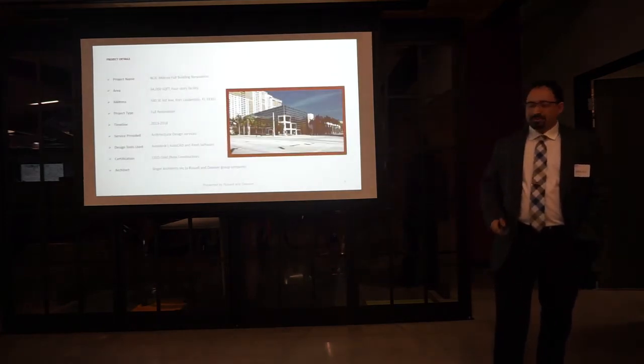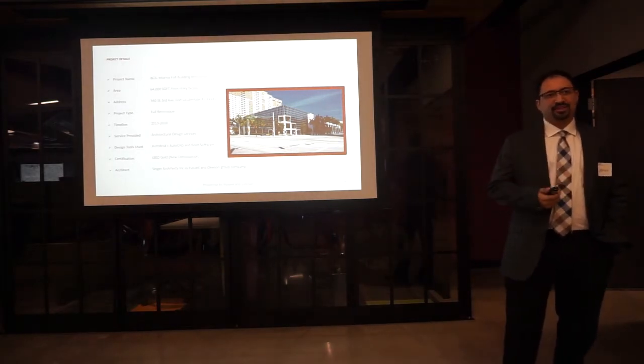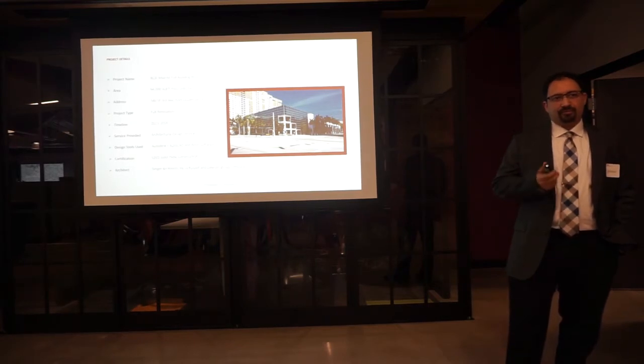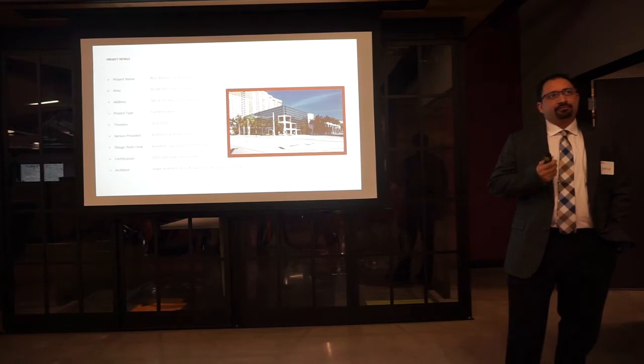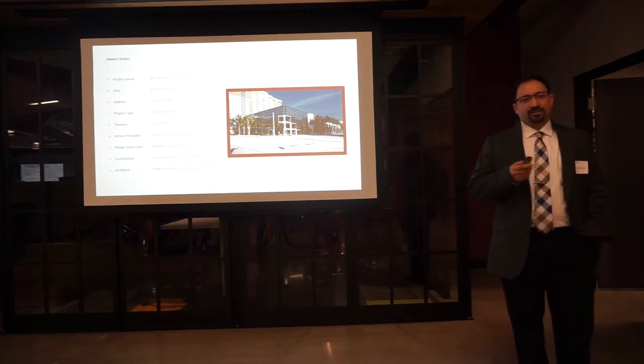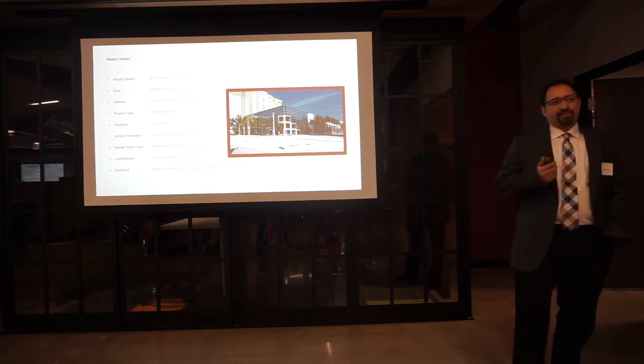So, to give you a bit of background on the project, the BCJC mid-rise was a 64,000 square foot, 4-story office building. It was partially occupied during the construction by 2 offices, the Broward Sheriff Office and the Public Defender's Office.